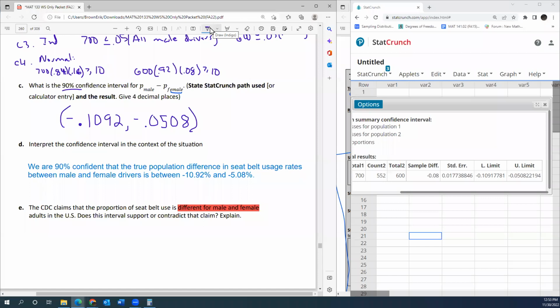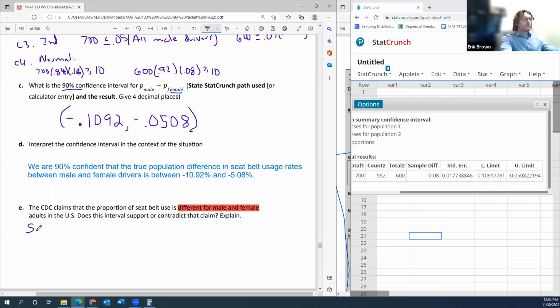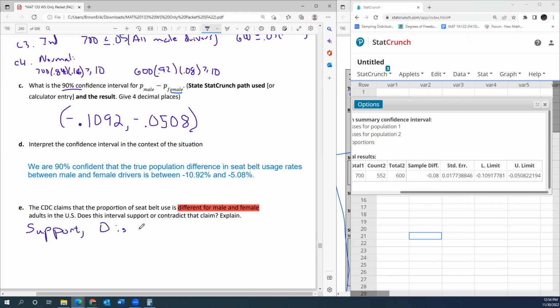Well, it has to be 0, right? 0 was the number, so that means that it would contradict because those are not within the parameters, right? Opposite reasoning. Correct criteria. Because 0 is not in there, it supports. Does that make sense? Yes, I'm going to keep saying it backwards, though, I can promise you that. Fair.